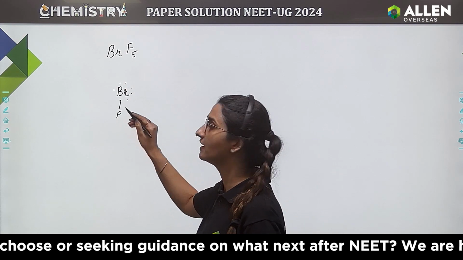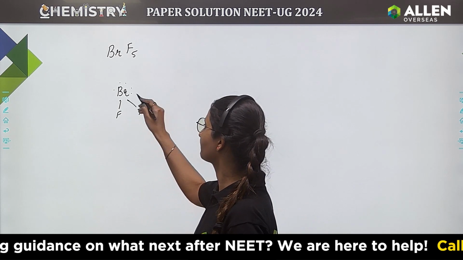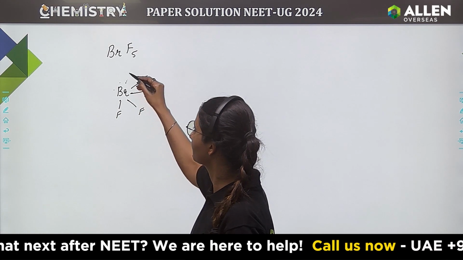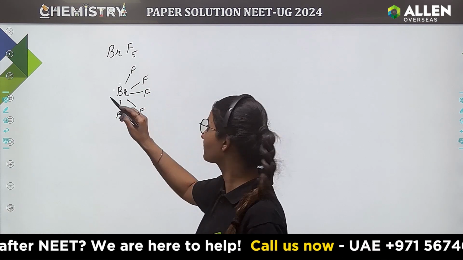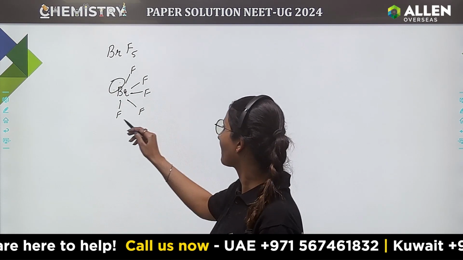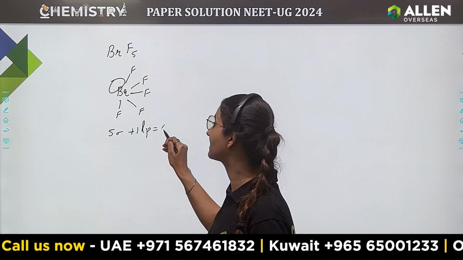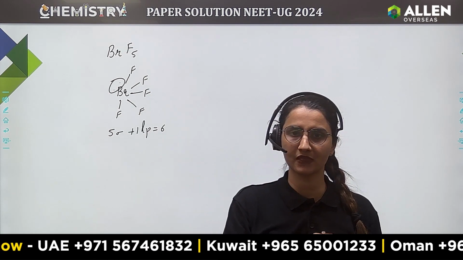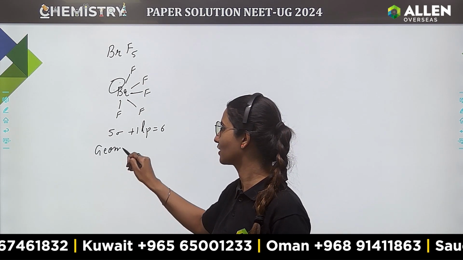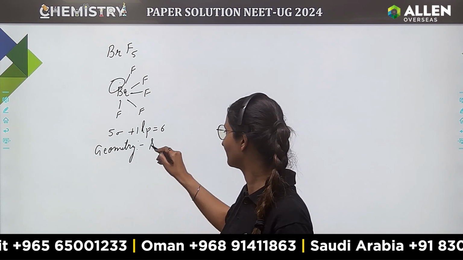F will link with a single bond, yes? So I am putting 5 Fs: 1, 2, 3, 4 and 5. What am I left with? I'm left with one lone pair. So I have 5 sigma bonds plus one lone pair. Steric number is 6. Students, in steric number 6, what is the geometry? Geometry is square bipyramidal.